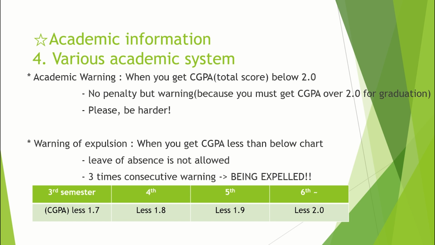Warning of expulsion will be given if you get a lower grade. With 3 consecutive warnings of expulsion, you will be expelled. Your visa will immediately end and you should go home. So please don't get a warning of expulsion.